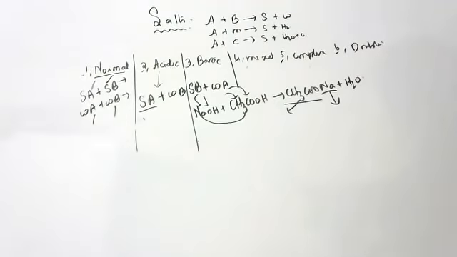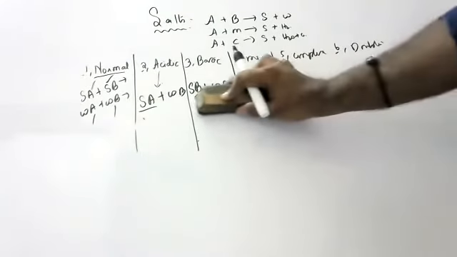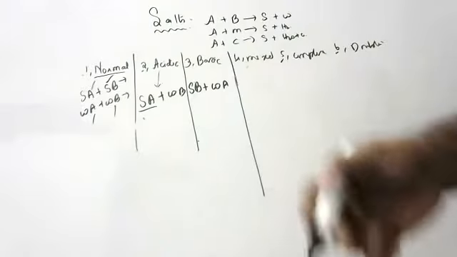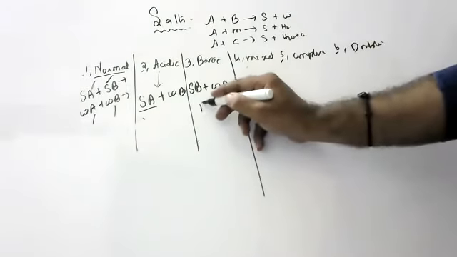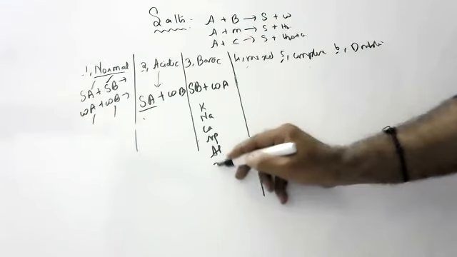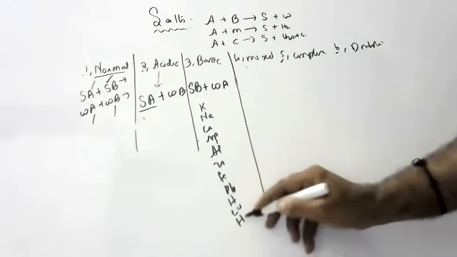Then you will ask, sir, how to identify strong acids and weak acids, and strong bases and weak bases? Children, I'll give an easy example. The famous metals we have: potassium, sodium, calcium, magnesium, aluminum, zinc, iron, lead, hydrogen, copper, mercury, silver, gold.